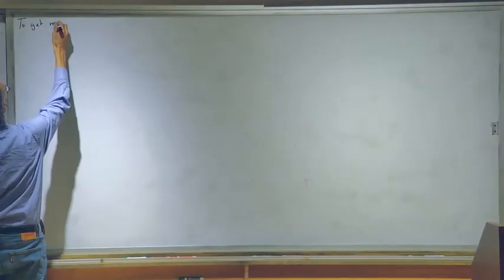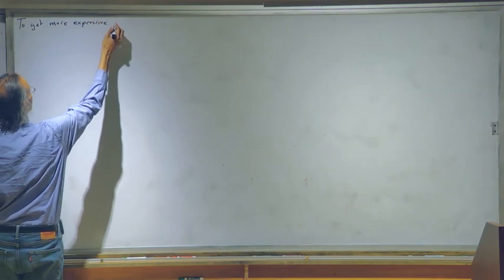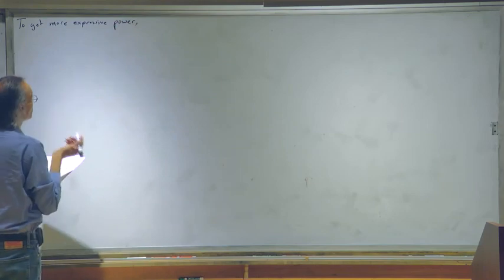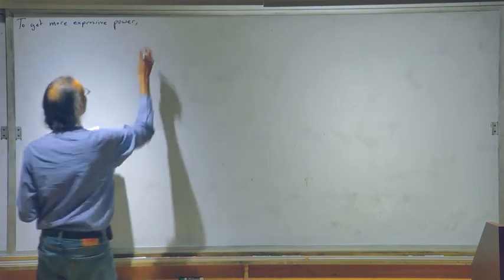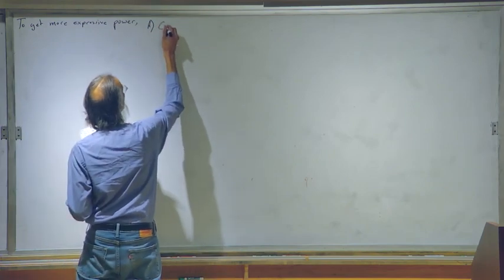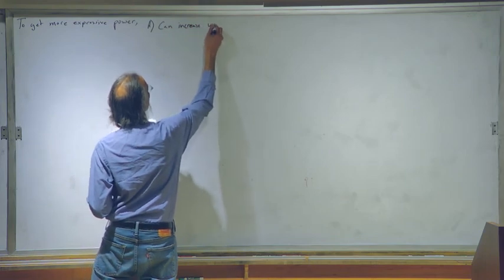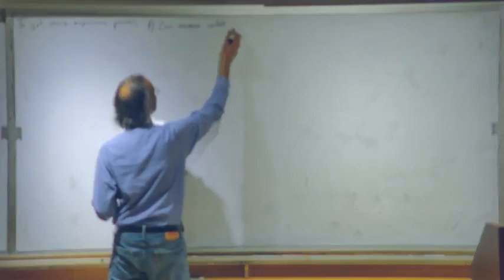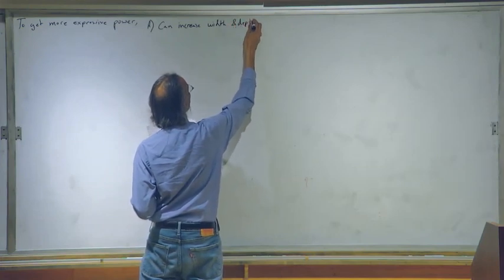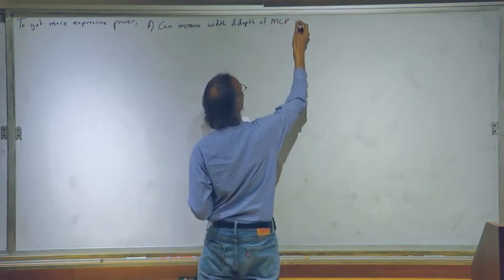So now, we said last time that to get more expressive power, we have two choices. A, we can increase the width and depth of the MLP in each box.